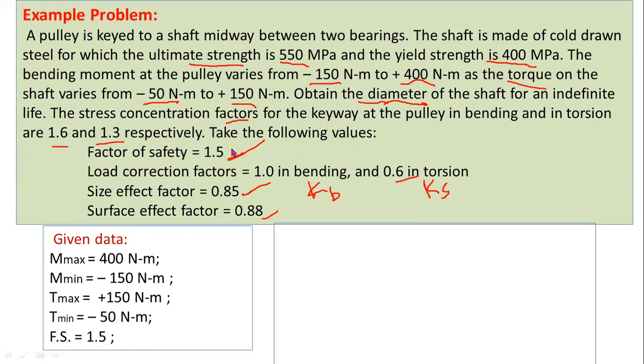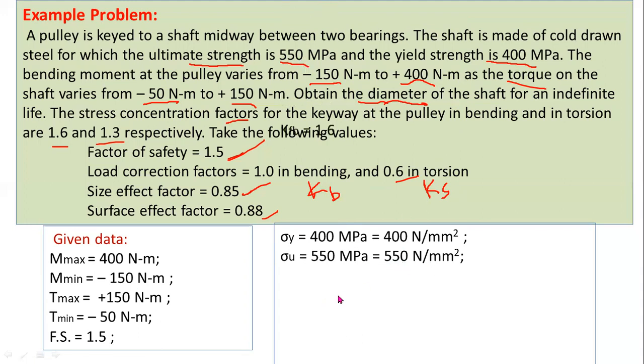Factor of safety equal 1.5. Sigma y, yield strength equal to 400 megapascal, that is 400 Newton per mm square. And ultimate stress equal to 550 megapascal, 550 Newton per mm square.